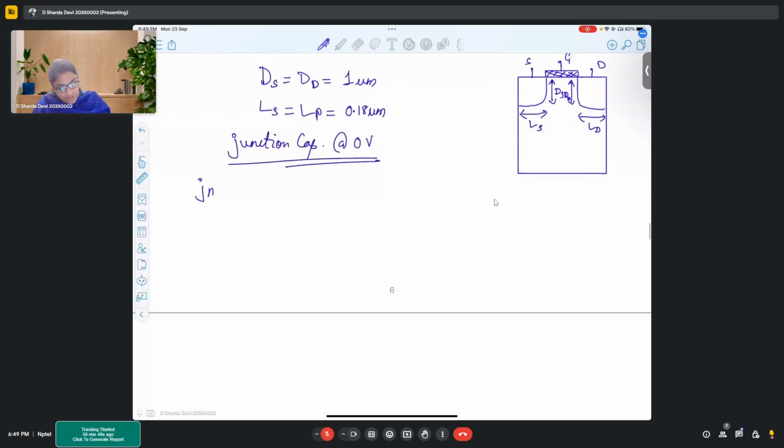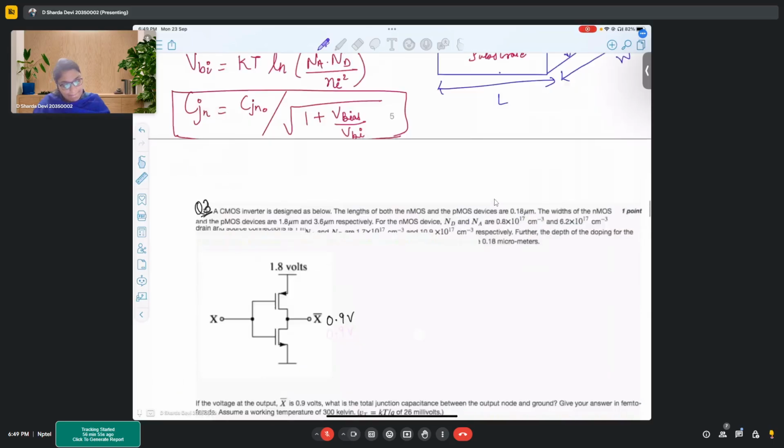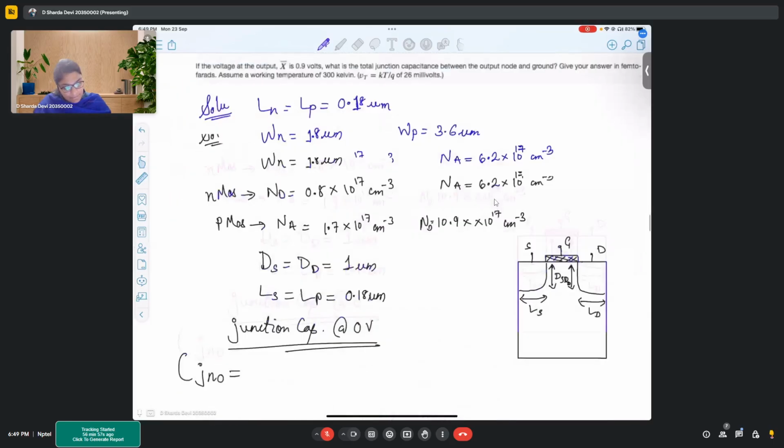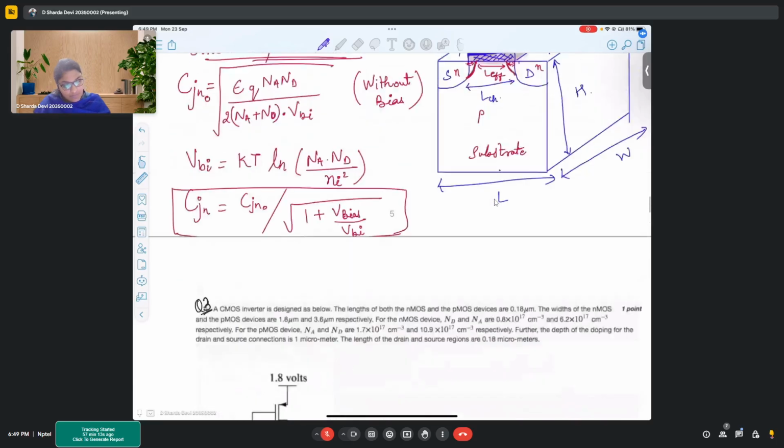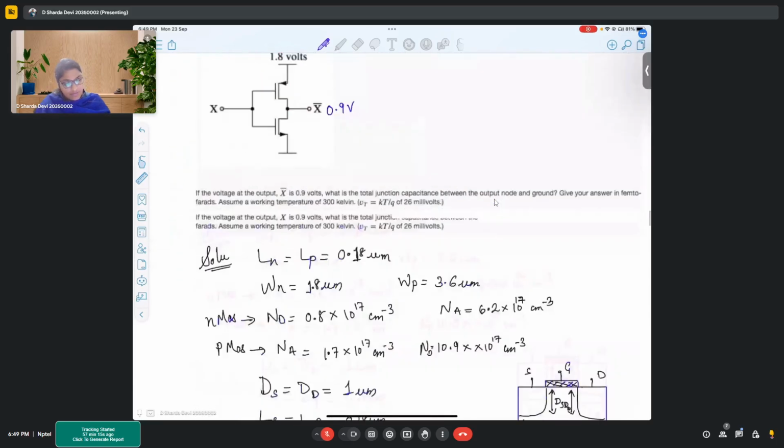So CJ naught. The formula was the square root of q epsilon silicon NA ND by twice of NA plus ND into VBI, right?